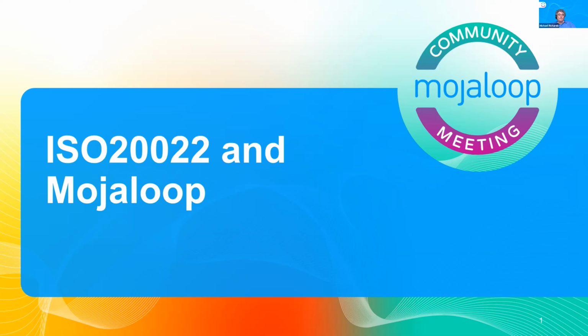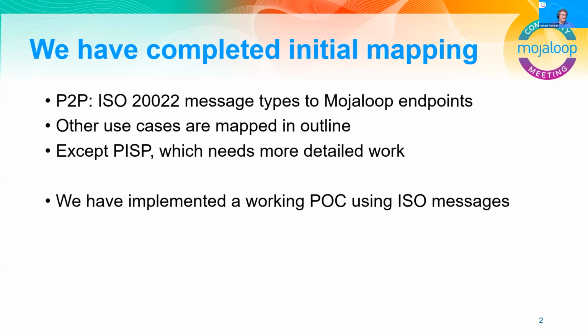So what have we done? This PI, we've got a proposed mapping of ISO 20022 message types to Mojaloop endpoints, which will cover, certainly for the P2P use case, we think, a way of managing to retain our identity and the important parts of our offering while using ISO 20022 message types.